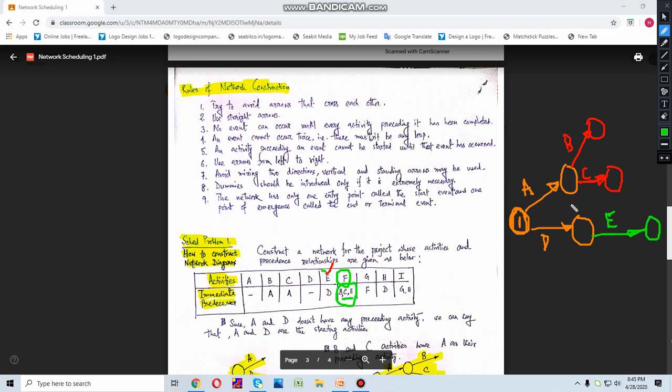Now according to our network, there is no such condition. What we have drawn till now, we'll see that there is no chance that they are going to merge. Now here some alterations are required.